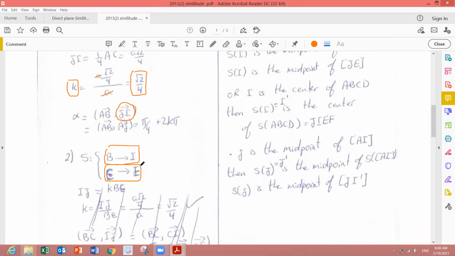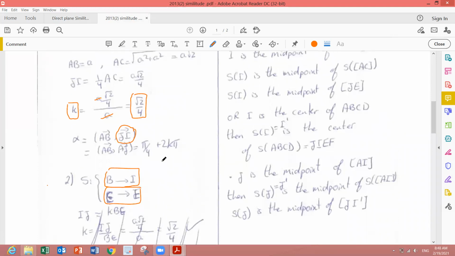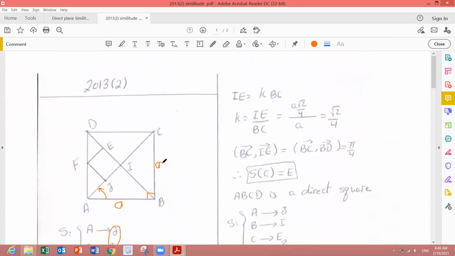For this to be correct, IE must equal K BC, or K equals IE over BC. IE is equal to IJ by the same way. IE equals IJ equals A radical 2 over 4. BC is A, so the ratio is radical 2 over 4.